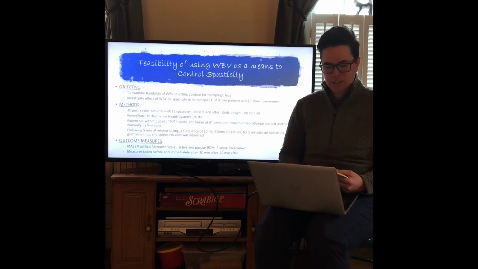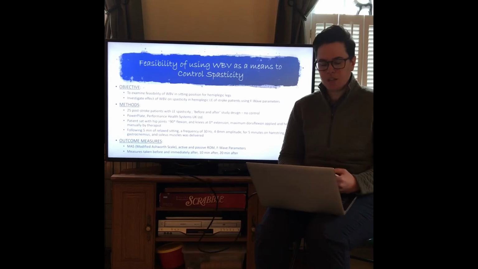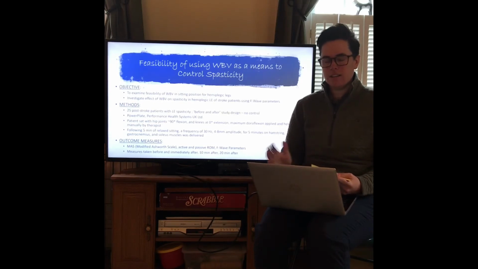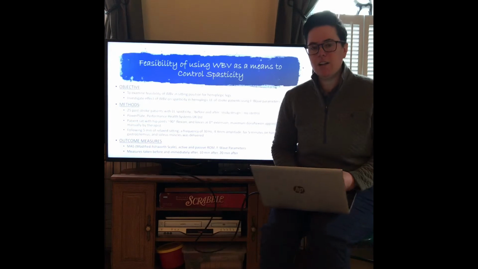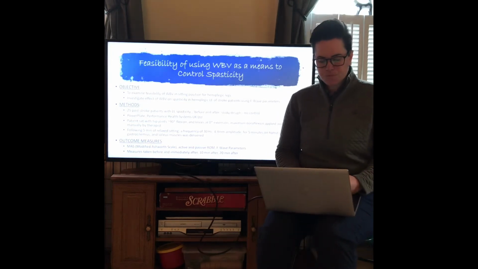So the first study is actually a combination of two different studies. It's done by the same authors, and the second study incorporated another outcome measure into the study. This one is going to examine the feasibility of using whole body vibration in a seated position for those patients that may not be able to tolerate a standing position.